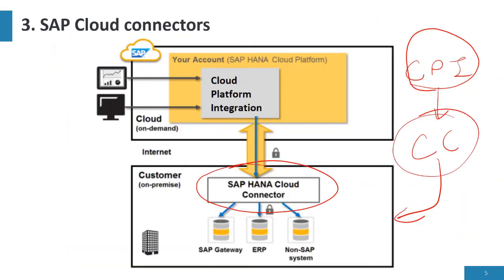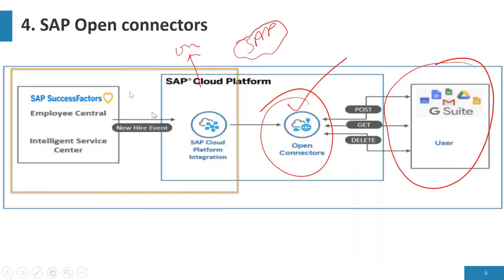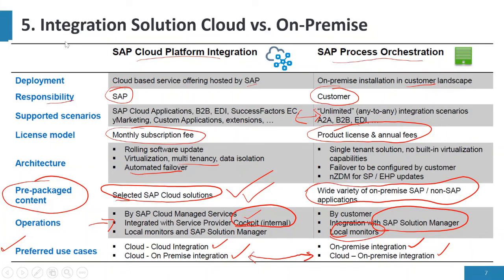We also learned, at a very high level for now, theoretically, how and where we can use cloud connectors, and exactly when we will use SAP Open Connectors. And when we talk about integration solutions, cloud versus on-premise, depending on different points, what we should be expecting when we go for CPI and when we go for PI/PO.